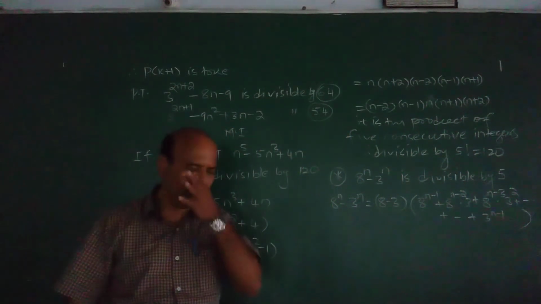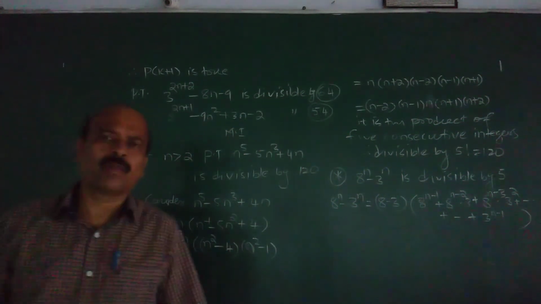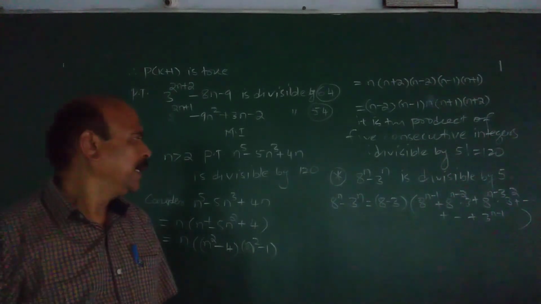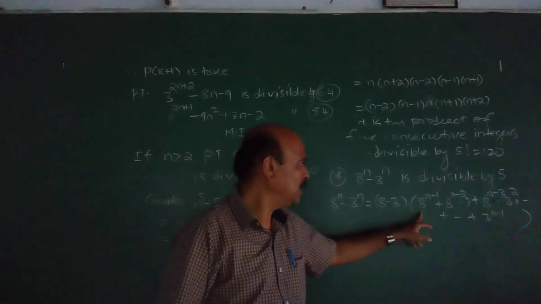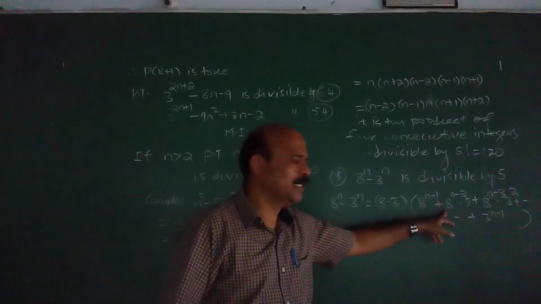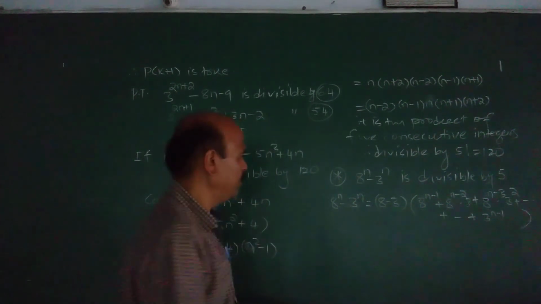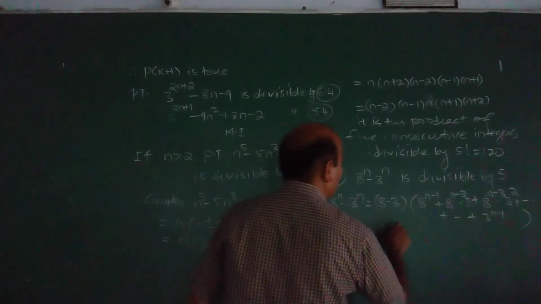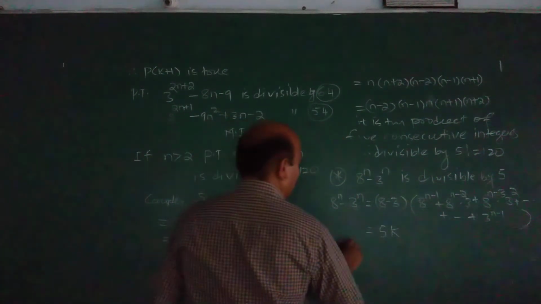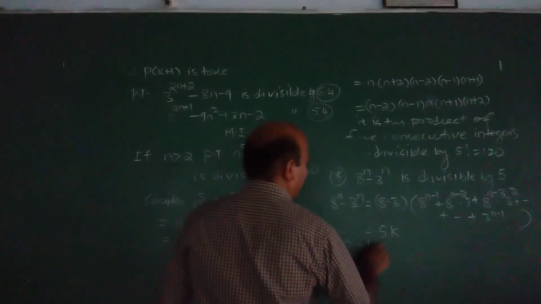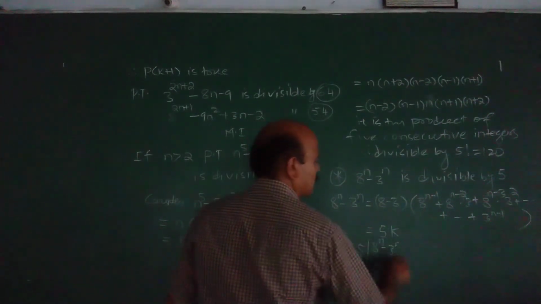What is the formula used? Formula is a raised to n minus b raised to n is a minus b into a raised to n minus 1, a raised to n minus 2 into b, and so on. Now what is this? 5 into k. This complete is an integer, take that as k. This implies 5 divides 8 raised to n minus 3 raised to n.